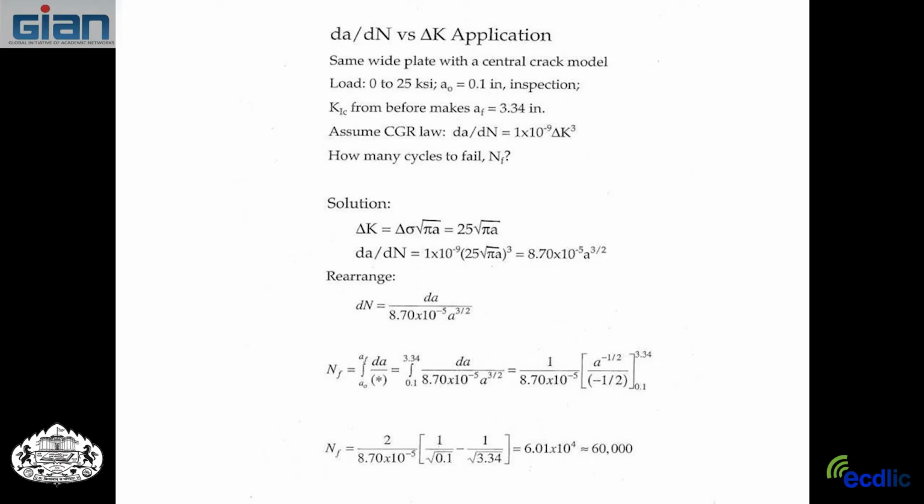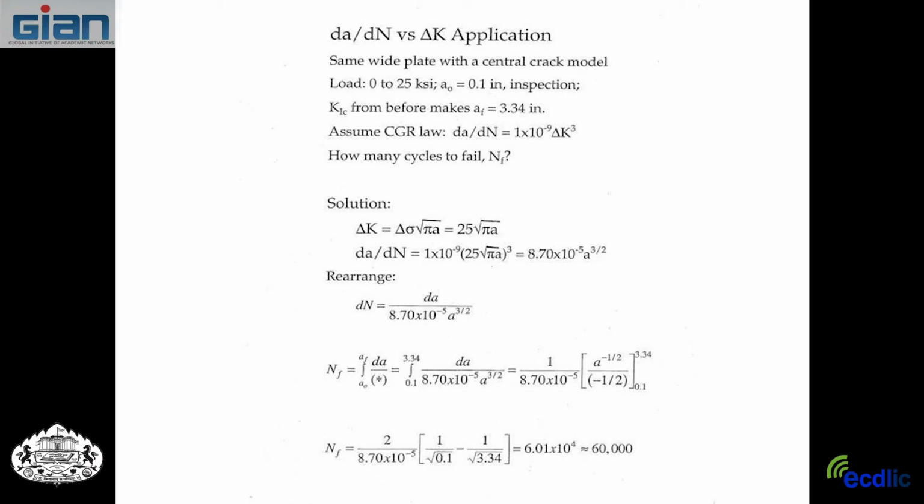So this is a lot easier if you don't have to vary F, if you just keep F constant. So I'm going to try that with a constant F. And to do that, I'm going to use a central crack of a very wide plate, load it from 0 to 25, and pick 0.1 inch for the initial crack size.